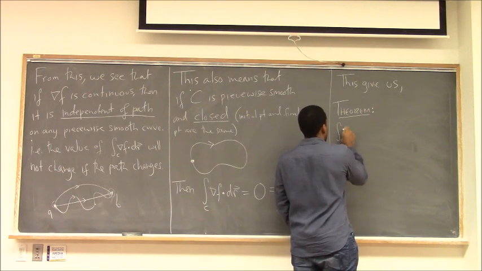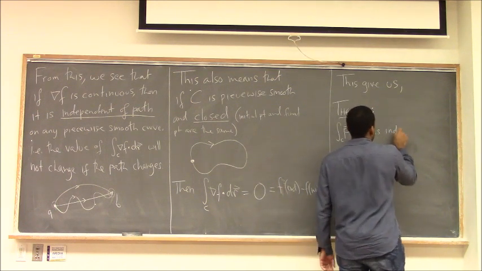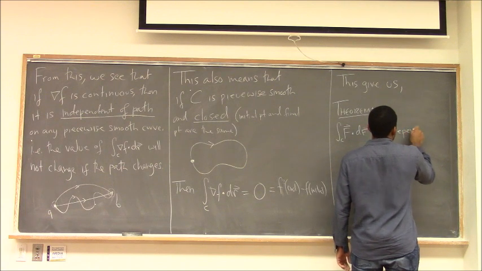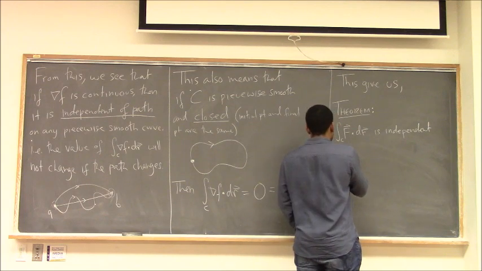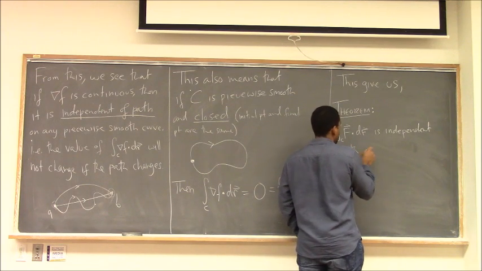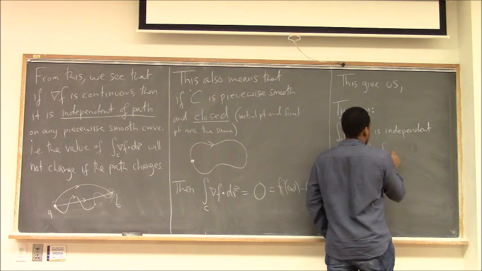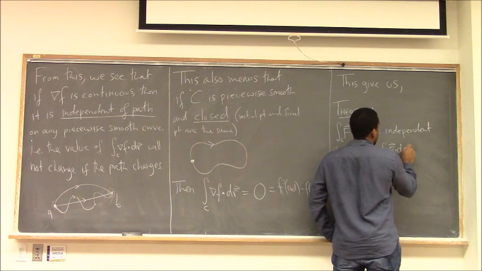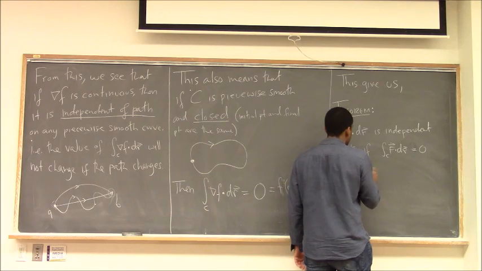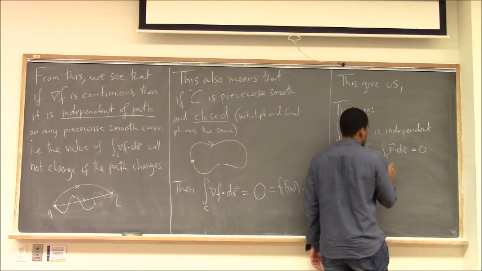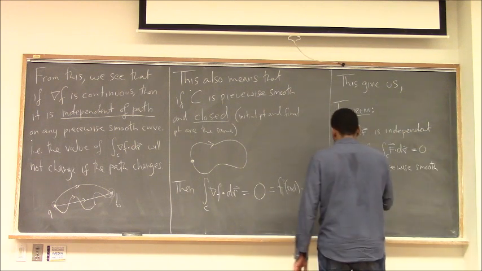The integral, and this one is slightly more tricky to prove, is independent of path if f dot dr equals 0 for every piecewise smooth closed curve.